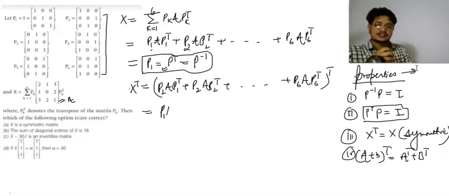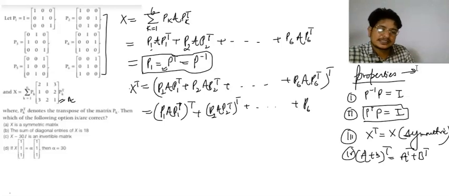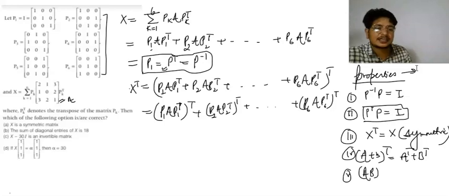So I can write P1 A P1 transpose whole transpose, plus P2 A P2 transpose whole transpose, up to P6 A P6 transpose whole transpose. Now there is a fifth property which we will use: AB transpose can be written as B transpose A transpose, just reversed.